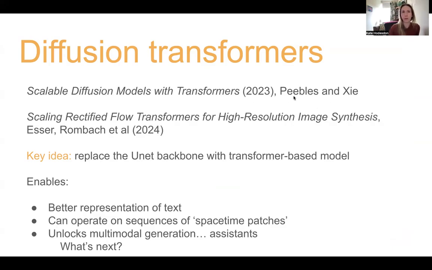William Peebles is now leading Sora development at OpenAI, and a very similar architecture called multimodal transformers was used for Stable Diffusion 3, the latest Stability AI model. Essentially what you do is replace that UNet backbone with a transformer-based model. This enables better representation of text in images.